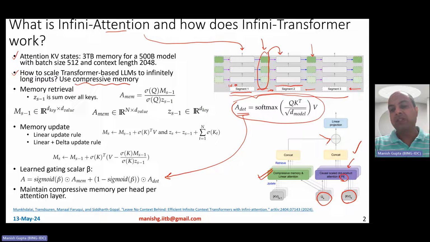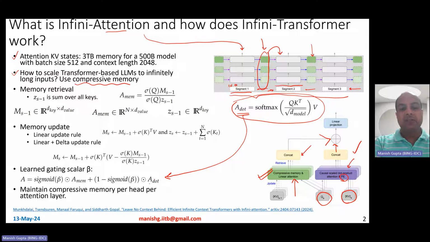So the information from the previous segments and the current segment is merged to get the overall attention value. The information from the previous segments comes from this compressive memory, right? So it comes from the compressive memory, and it is merged.